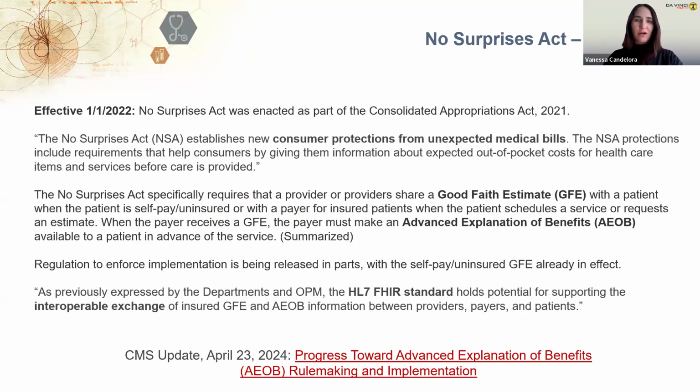The No Surprises Act was part of the Consolidated Appropriations Act of 2021. It was passed as a law, and the industry has been monitoring how it's going for the regulatory enforcement of implementing these requirements.